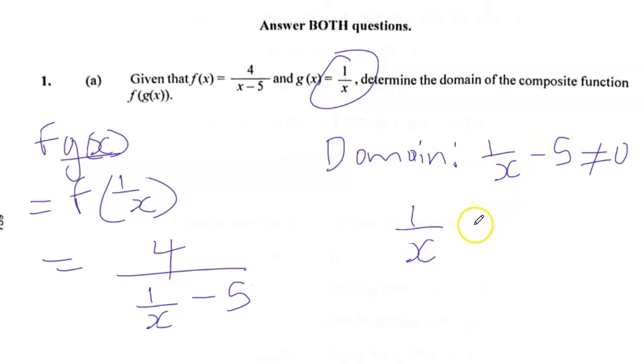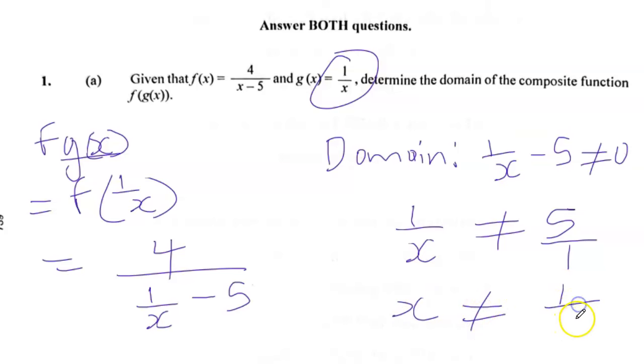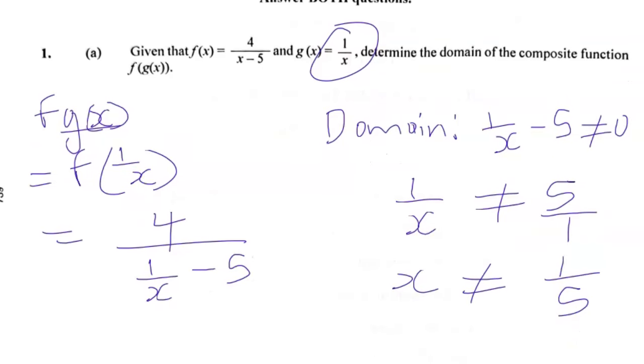Add 5 to both sides, we'll get 1 over x is not equal to 5. And if we invert both sides, 1 over x not equal to 5 over 1. Invert both sides, mean x cannot be 1/5. So that's our domain.